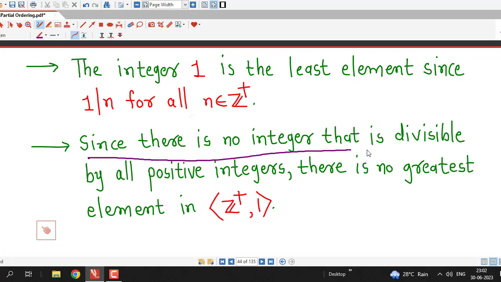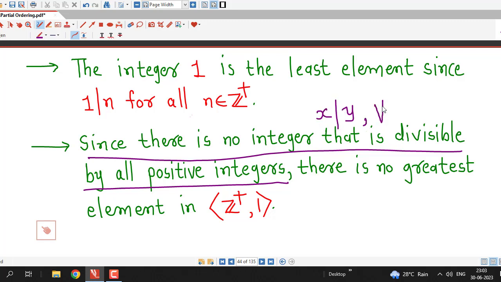So that I have written here. Since there is no integer that is divisible by all positive integers, that means there is no y such that x divides y for all x belongs to Z plus. I can rewrite this as: there is no integer y that is divisible by all positive integers x.